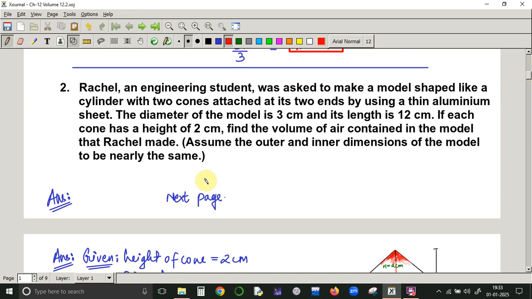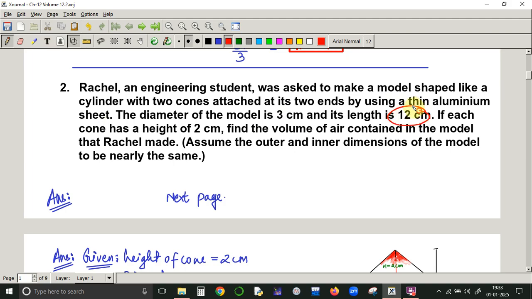Question number 2. Rachel is an engineering student, was asked to make a model shaped like a cylinder with 2 cones attached at the end, using thin aluminum sheet. The diameter of the model is 3 centimeter and its length is 12 centimeter.